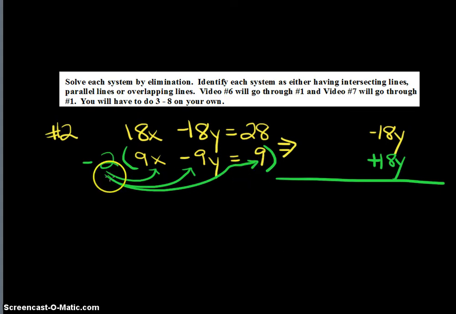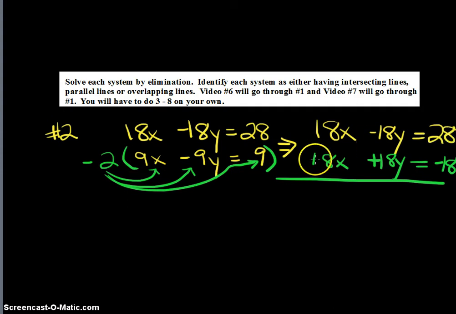So negative 2 times 9x is a negative 18x. Negative 2 times negative 9y gives me positive 18y. Negative 2 times positive 9, that gives me a negative 18. And I'm not making any changes to the top, so I am literally just going to copy everything down. And I forgot a negative sign here. Sorry, because negative 2 times 9x is a negative 18.